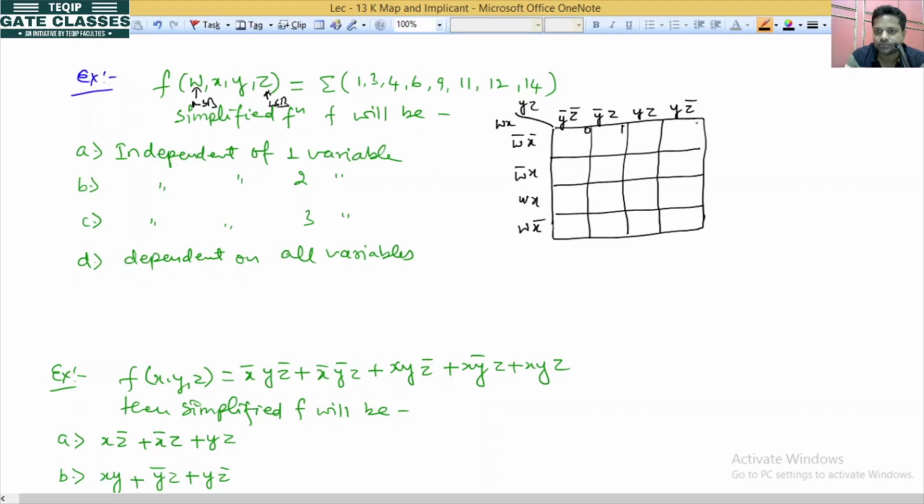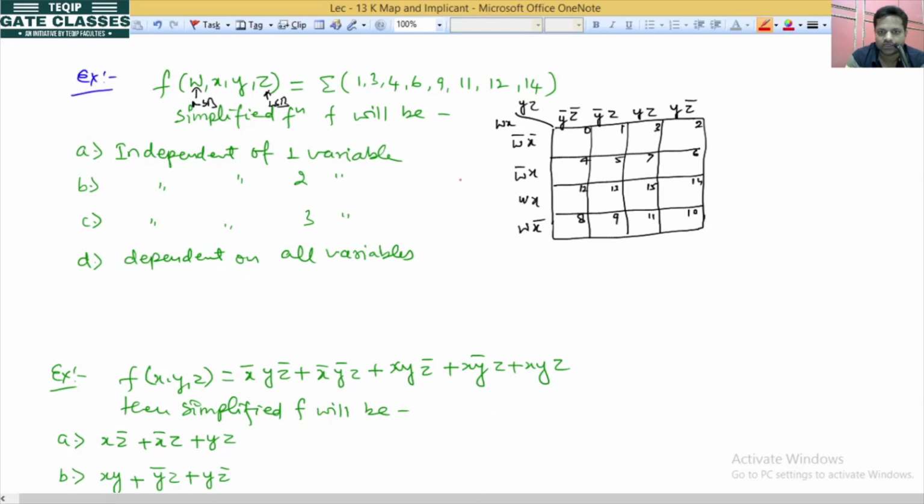So it is 0, 1, jump 2, 3, 4, 5, then jump 6, 7, jump all cells of this row, that is the third row.